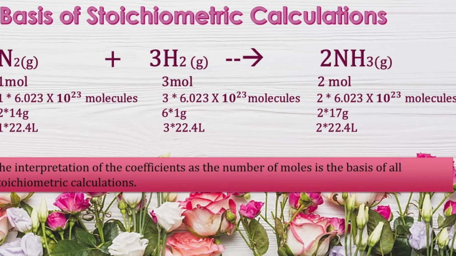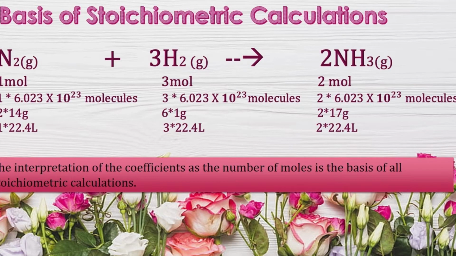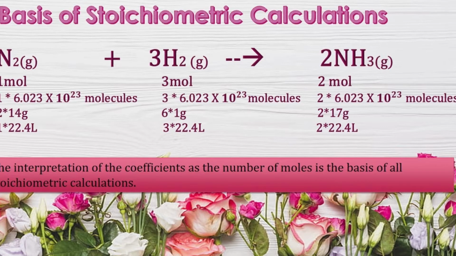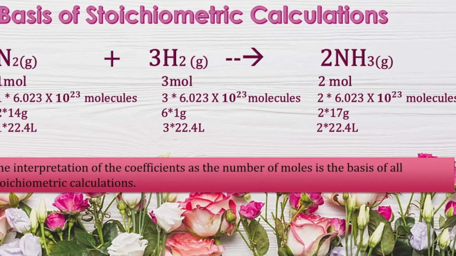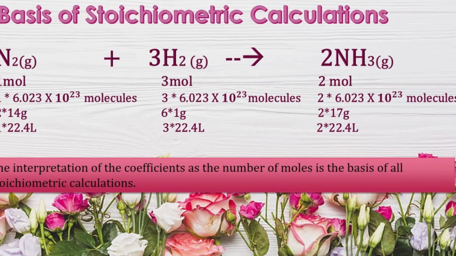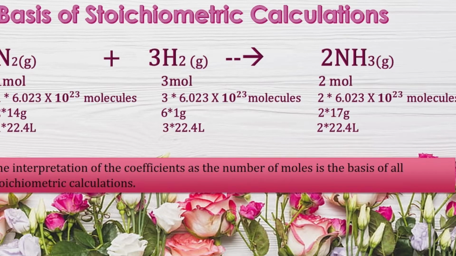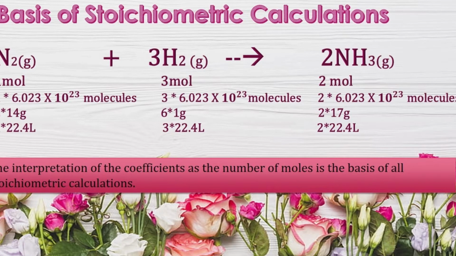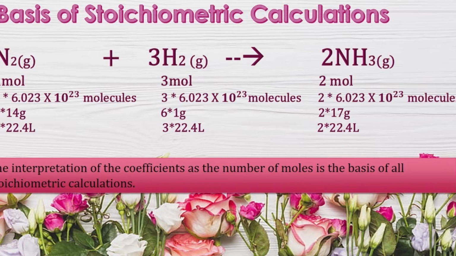And we also know how to link the number of moles and molar volume. 1 mole of any gas will occupy 22.4 liters. So, 1 mole of nitrogen will occupy 22.4 liters of volume, 3 moles of hydrogen will occupy 3 into 22.4 liters of volume, and 2 moles of ammonia gas will occupy 2 into 22.4 liters of volume.